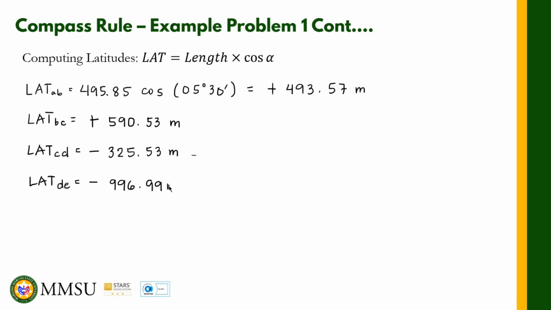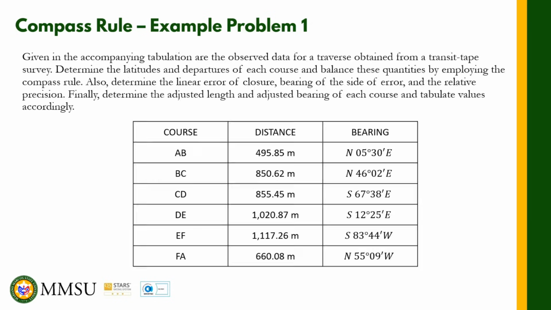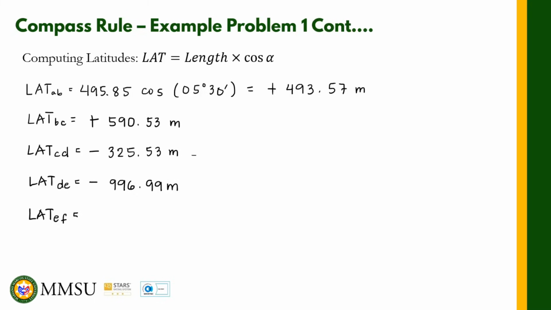Okay, so this is negative 996.99 meters. Next, we have latitude EF. For latitude EF, we have 1,117.26 multiplied by the cosine of 83 degrees 44 minutes. This is south, so our answer should be negative. Okay, this should be equal to negative 121.96 meters.